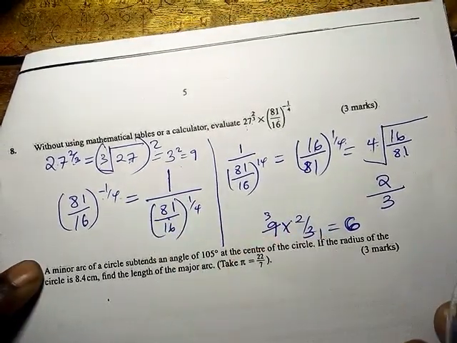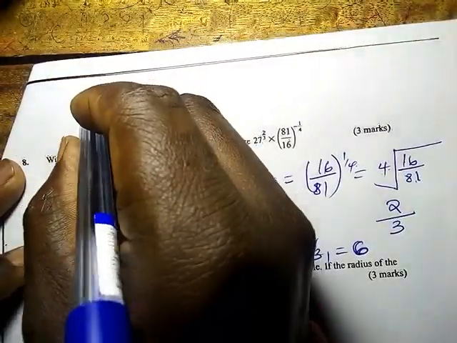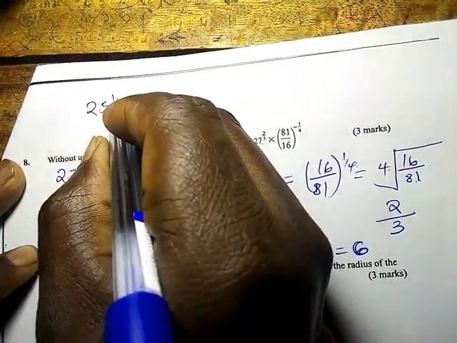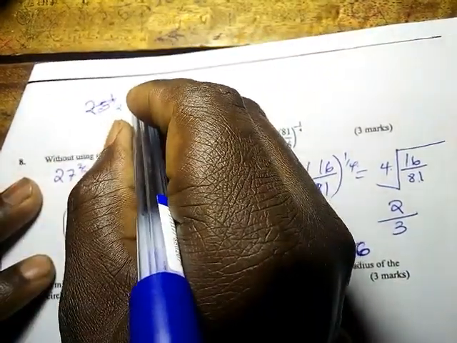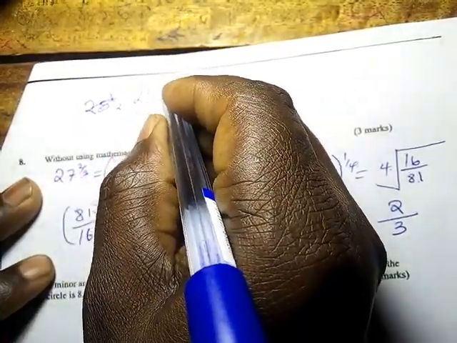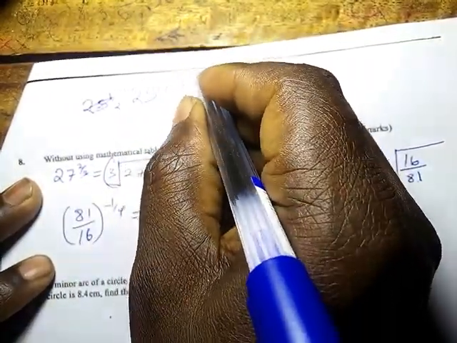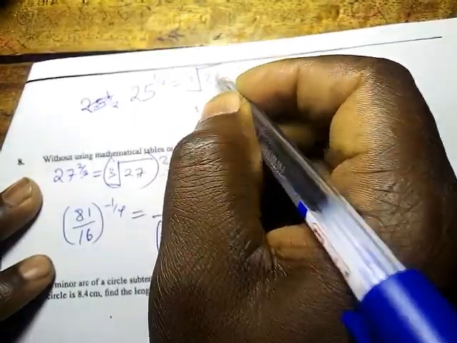So let me show you something small here. 25 raised to power a half simply means the square root of 25. That's what it means.